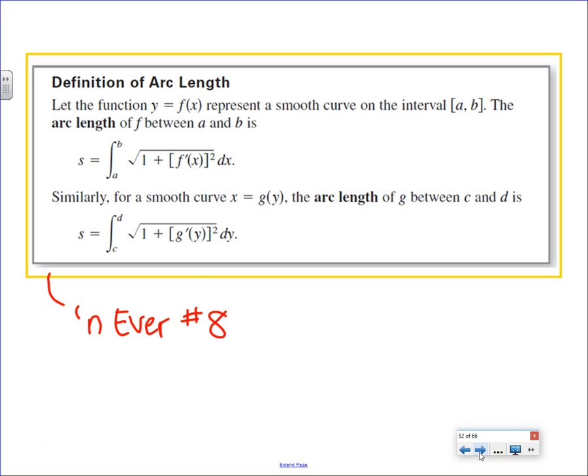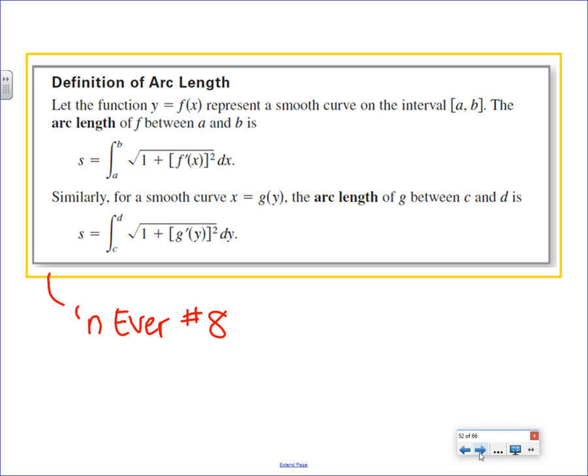For shells, you have to make sure that based on the axis of revolution, you are going parallel for your dx or for your dy. For cross sections, you have to make sure that you're assigning the proper thickness to how you are slicing, perpendicular to the x or to the y, to a horizontal or to a vertical. But for arc length, just plug it in.